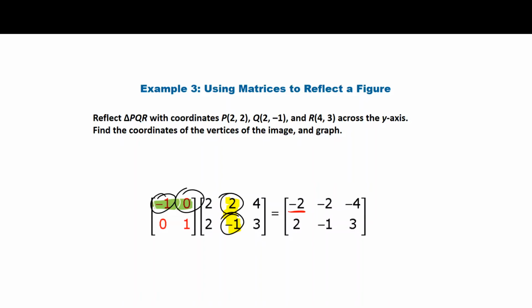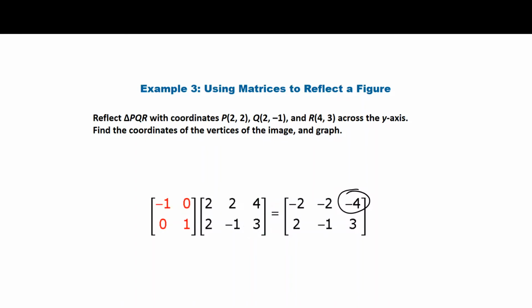And so that's how we get our -2 here. Again, just do a couple more to make sure that we have this down clear. We're going to take our first row and our third column now. Multiplying -1 times 4 plus 0 times 3 is -4.